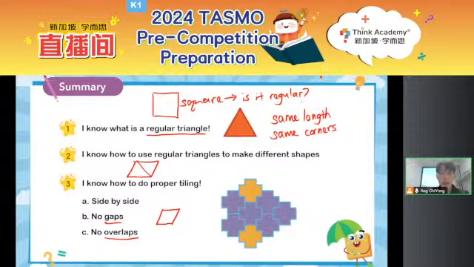You can even make with this one here. Even though this may not look like a proper shape, you can put it on top of each other. Let me show you. Hold on. You can put one more here. This is also tiling, right? Because there are no gaps and no overlaps.